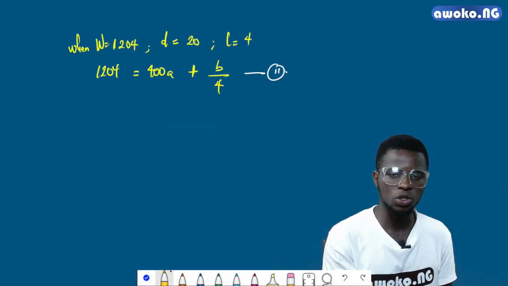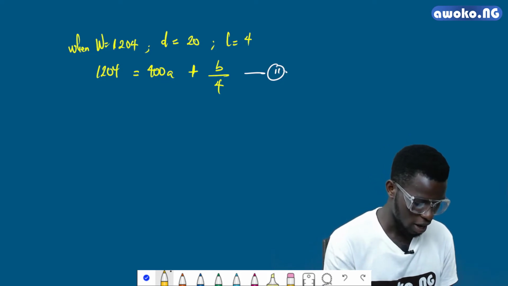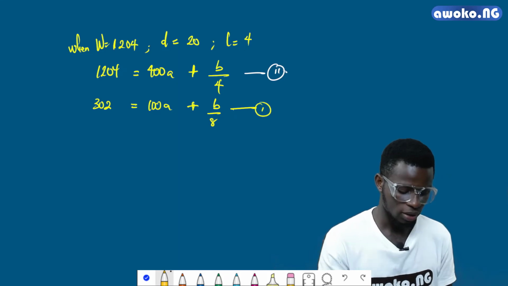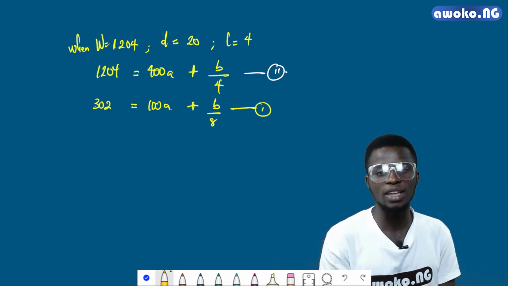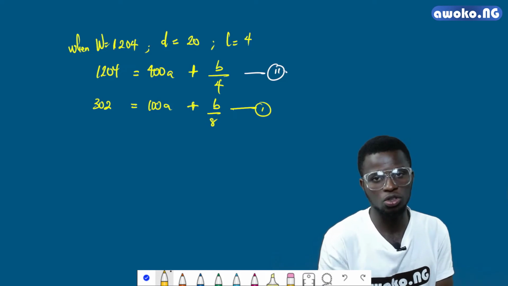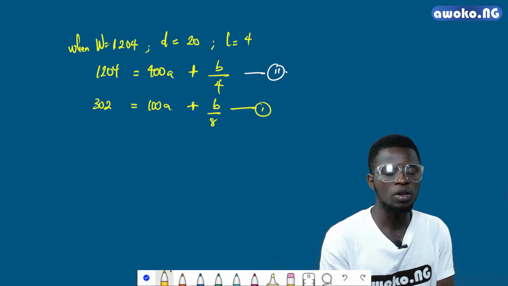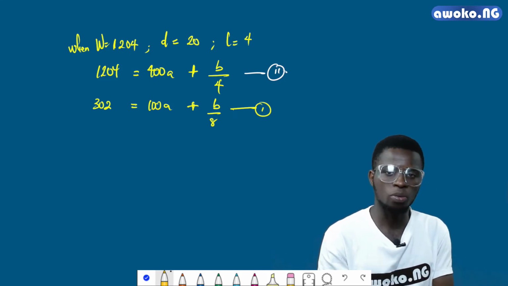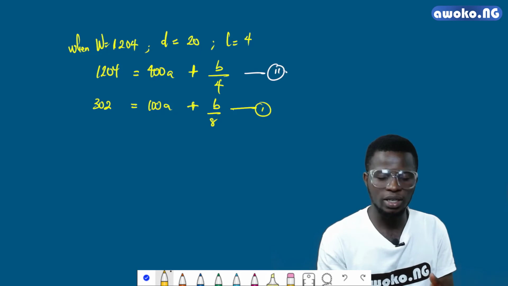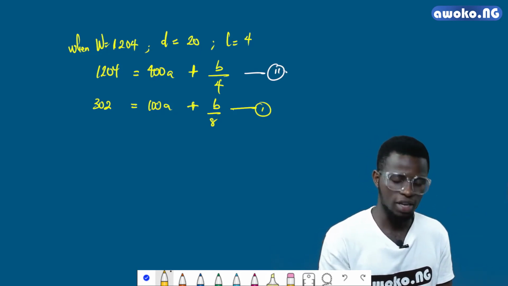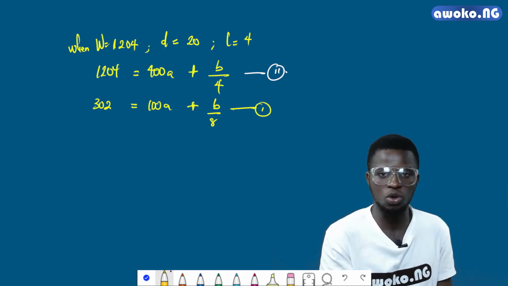If we decide to solve equations 1 and 2 simultaneously, we would have 302 is equal to 100A plus B over 8. This is equation 1. To solve these, we can either use elimination or the substitution method, but I prefer the elimination method, eliminating one of the variables and obtaining the value for the other one, then later substituting back into one of the equations, probably equation 1 or equation 2.